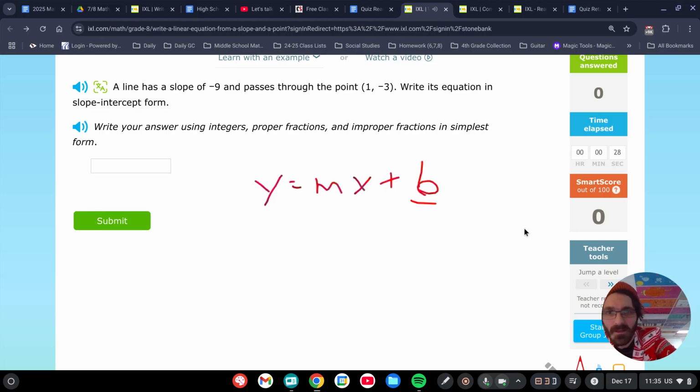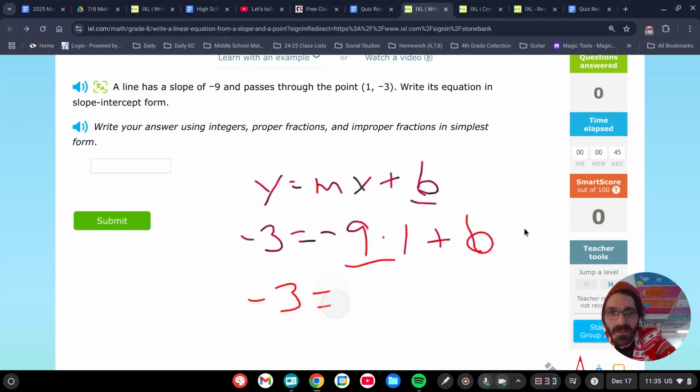So let's do it. Y is -3. Slope is -9 times x, which is +1, plus b. We're going to do this multiplication here. Negative 9 times 1 is negative 9.